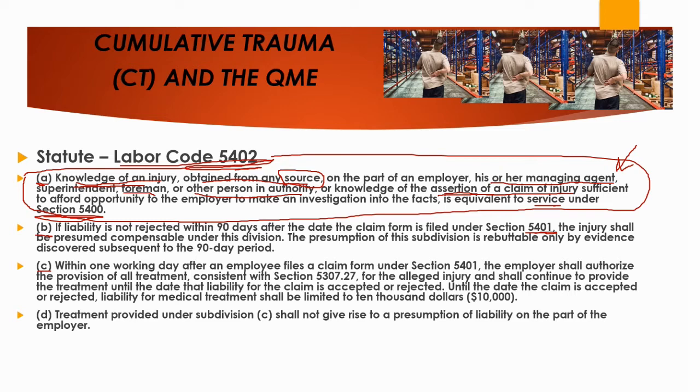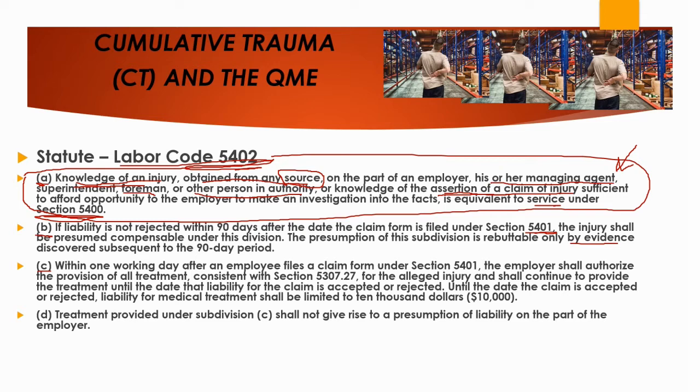The presumption of this subdivision is rebuttable only by evidence discovered subsequent, meaning after, the 90-day period. The presumption cannot be rebutted by evidence that was available during the 90-day period, because that decision should have been made within 90 days.